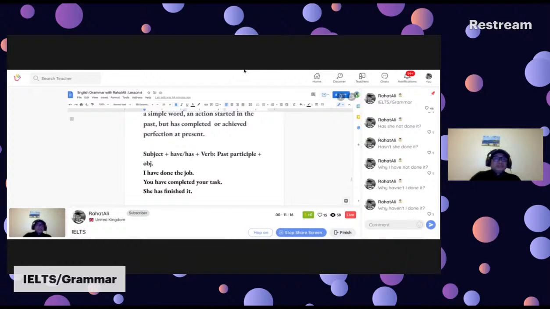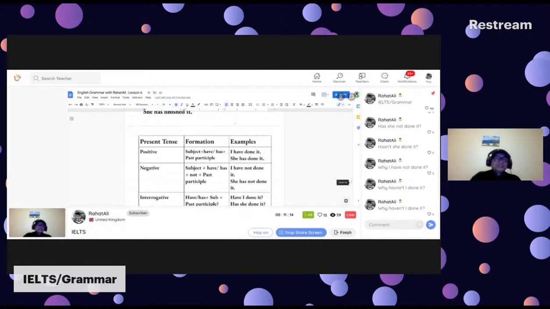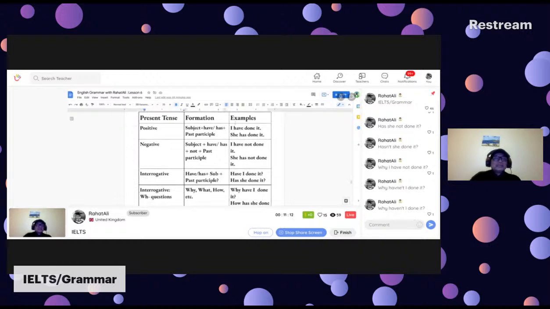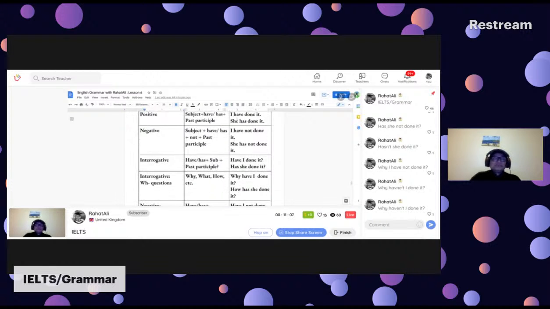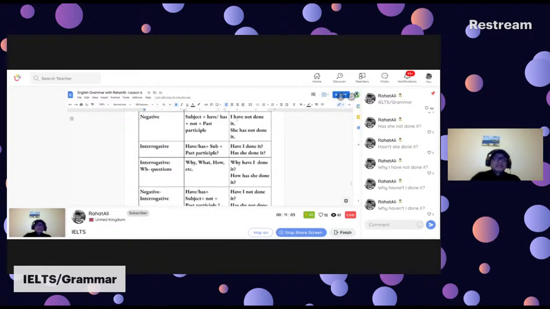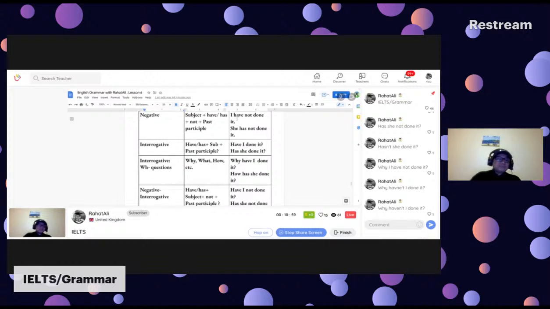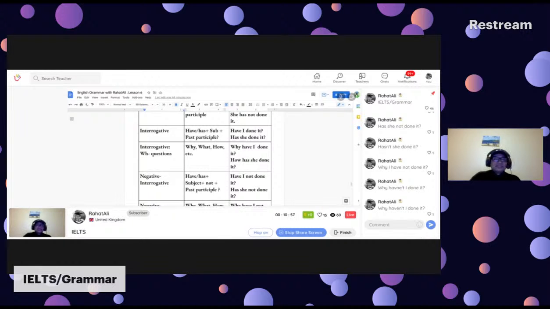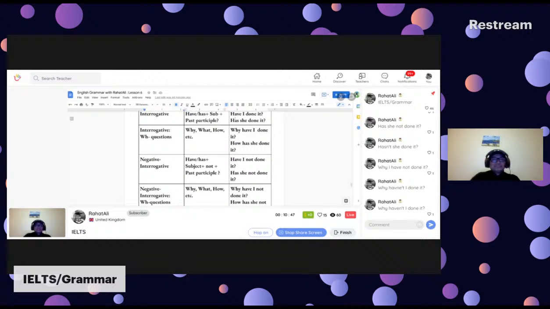And we use different kinds of forms: positive, negative, have not or haven't. Interrogative, we bring has or have at the beginning. If you want to make a WH interrogative, bring a WH word at the beginning, like why have I. And if you use negative interrogative, then have I not done it, or haven't I done it in contraction form, for which I already gave examples earlier.